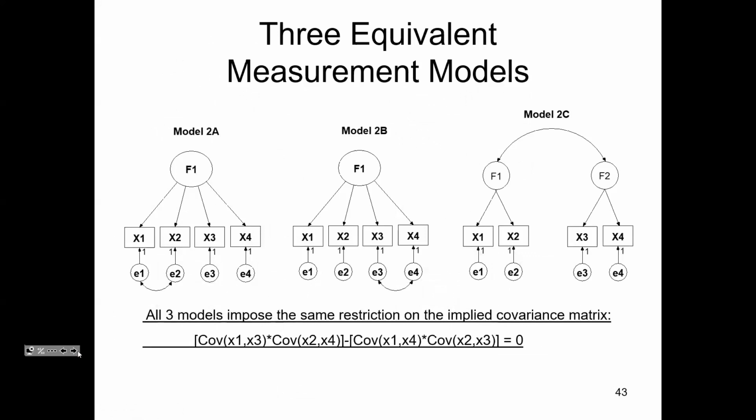So again, here are three. I mean, we can think about this for measurement models too. These are three equivalent measurement models. Again, at the outset, they don't necessarily look equivalent, but if you stop and think about the covariance restrictions that are being imposed on the variance covariance matrix, all three of these models are actually imposing the same restriction on the model implied variance covariance matrix, which is that the covariance between x1 and x3 times the covariance of x2 and x4 minus the covariance of x1 and x4 times the covariance of x2 and x3 is equal to 0.